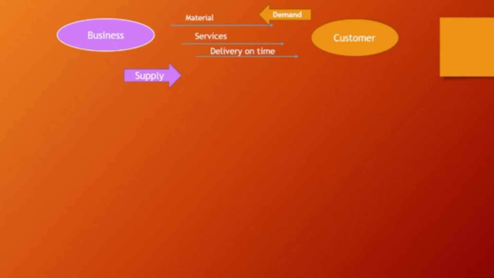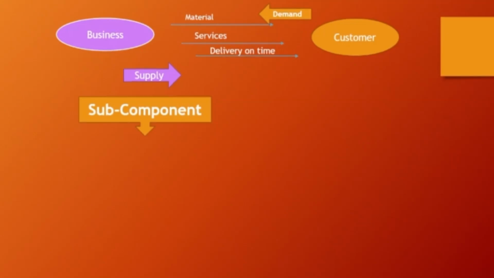Now, in material management, we have several sub-components. Material management is a component under which there are several sub-modules. Apart from the enterprise structure and master data, we have another important sub-component called procurement.